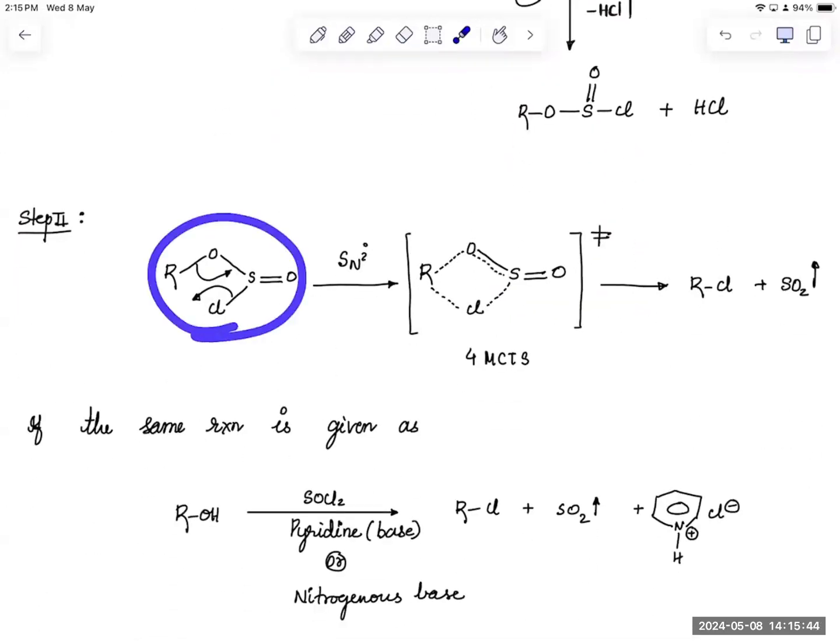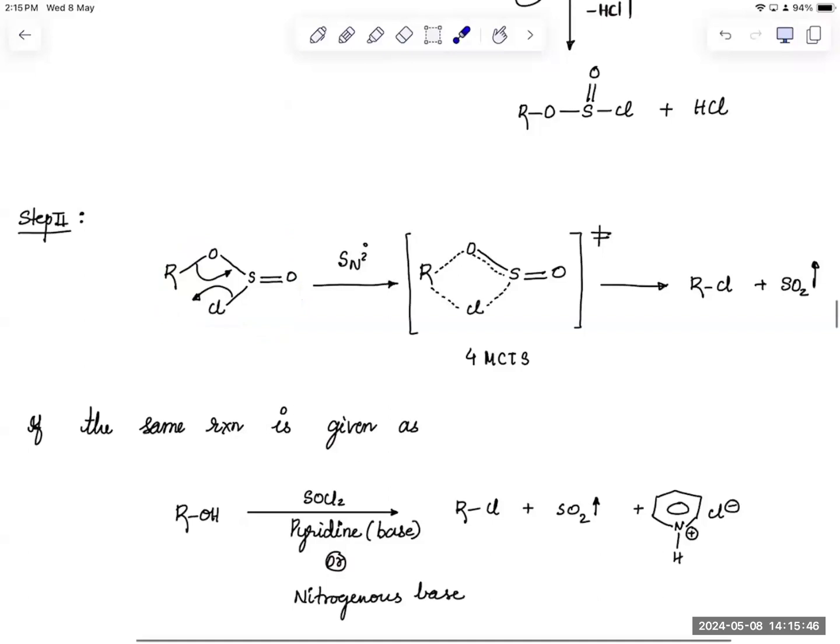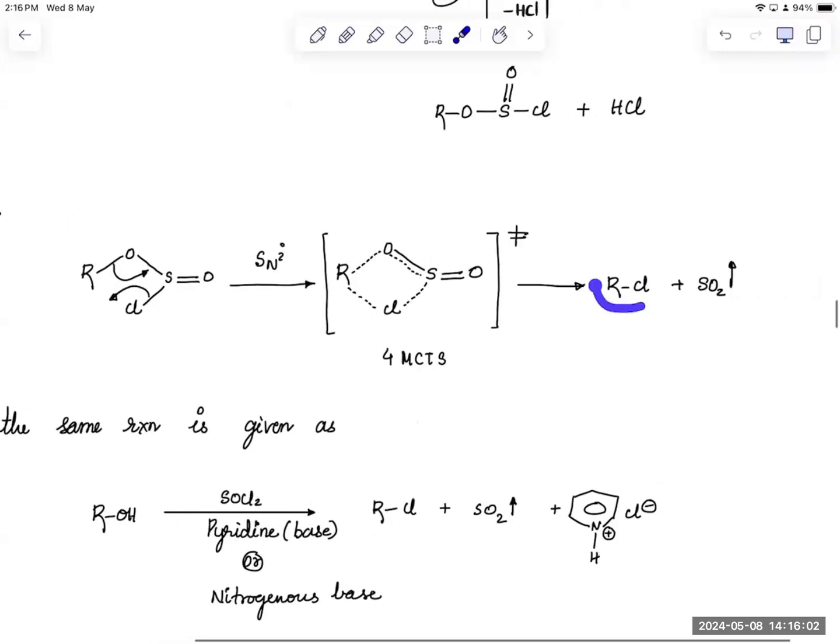Now this compound, if you notice, will make an internal change here. So here the bond breaking will happen. On the same orbital, Cl will also start connecting. So bond breaking as well as bond making happen simultaneously via a four-membered transition state. That gives you RCl now and SO2. SO2 will also come out as vapors.